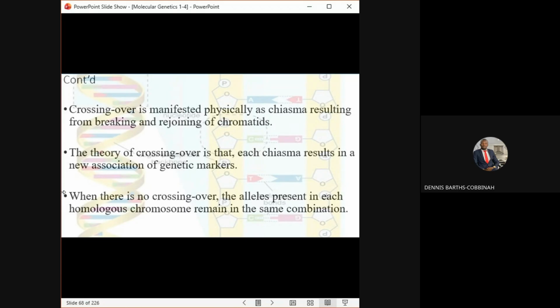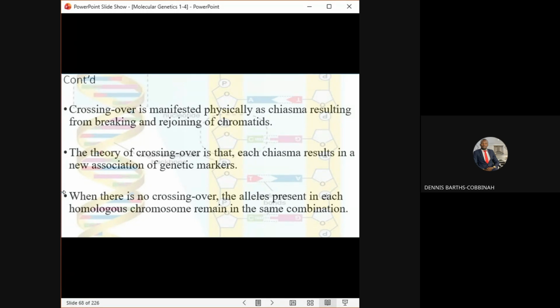So when there is no crossing over, the alleles present in each homologous chromosome remain in the same combination. If there is no crossing over, the genes present on the chromosome are inherited together.